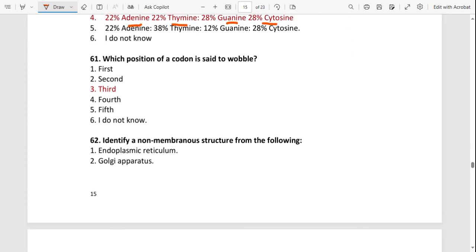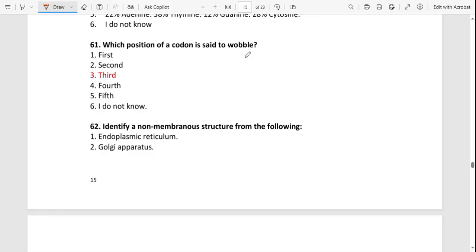Which position of a codon is said to wobble? The third position is said to wobble. For example, if I've got UAA, UGA, UAG, you can see the third position can be different, but you are still going to code for the same thing.